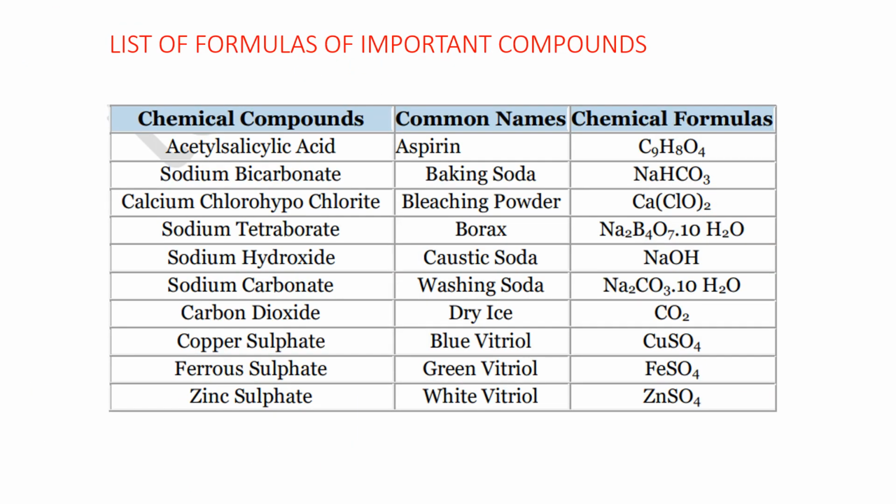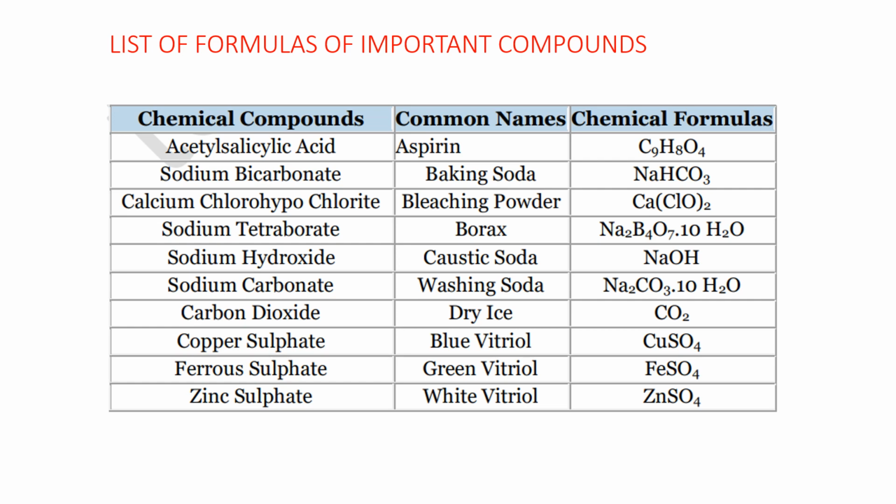Next we have the list of formulas of some important compounds. Let us look at these formulas, which are really very important, because without knowing them you cannot write the reactions of compounds. Suppose you get the question: write the reaction between zinc and hydrochloric acid.